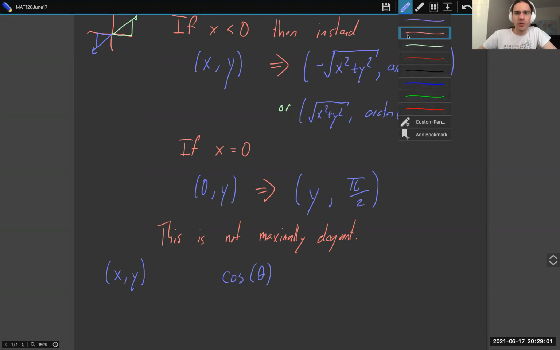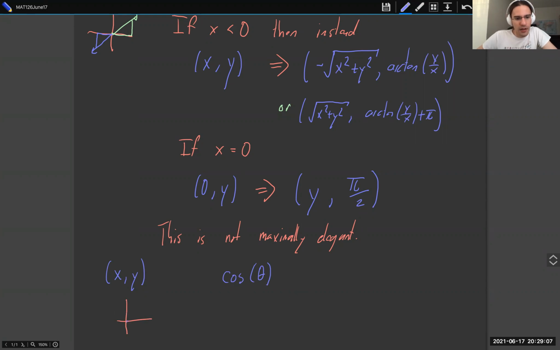So to remind you, here we have x, here we have y, here we have radical x squared plus y squared. What is cosine of theta?